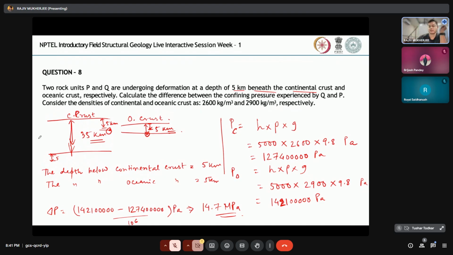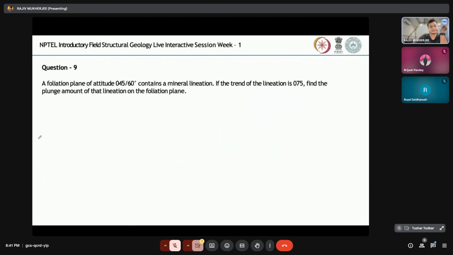Okay, so move on to the next question. A foliation plane of attitude 045 60 degree contains mineral lineation. If the trend of the lineation is 075, find the plunge amount of the lineation on the foliation plane.